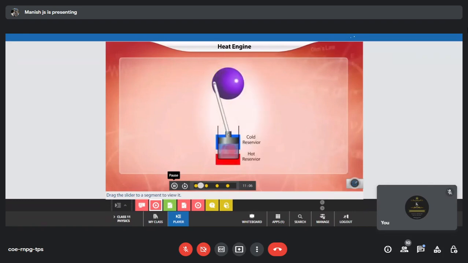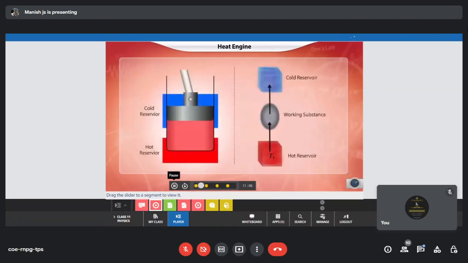In this case, the gas expands and pushes the piston that transfers the mechanical energy to a wheel via a crankshaft mechanism. Then, the working substance dumps an amount of heat Q2 to the cold reservoir at temperature T2. As the gas loses heat, its volume decreases and the piston comes back to its original position.